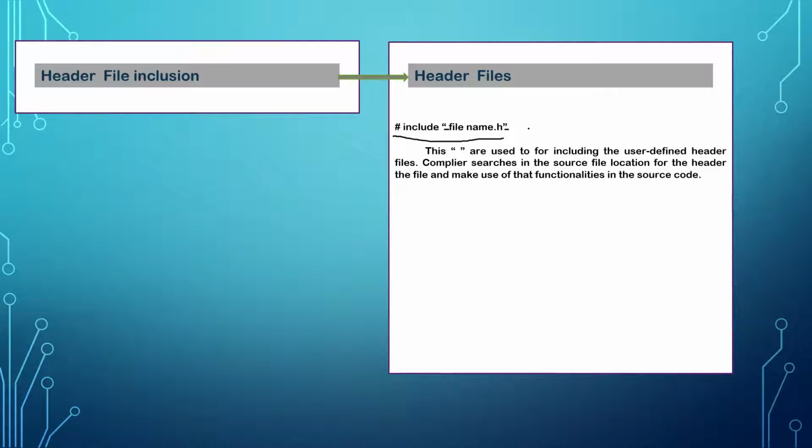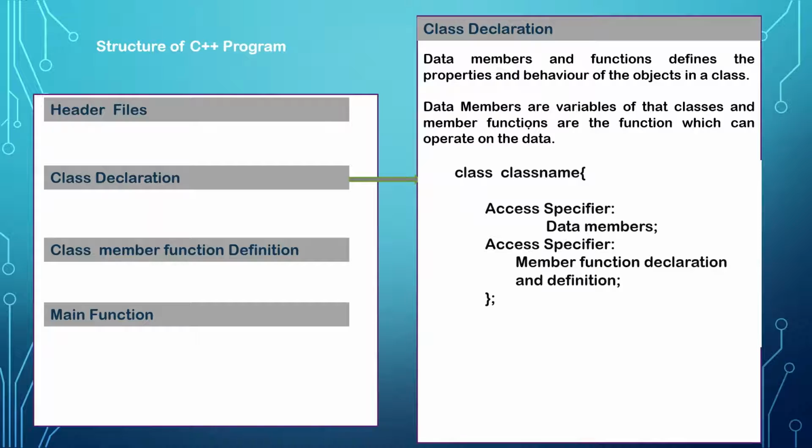So header file inclusion is just to include some of the functionalities you need in your code. The next thing you are going to write is the class member functions declaration and definition. A class contains two kinds of members, that is data members and member functions.